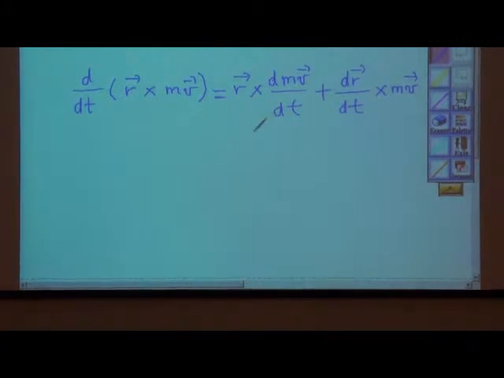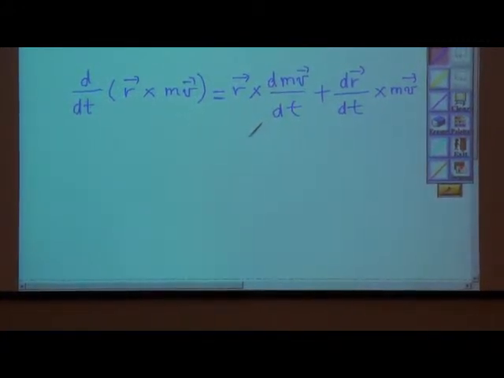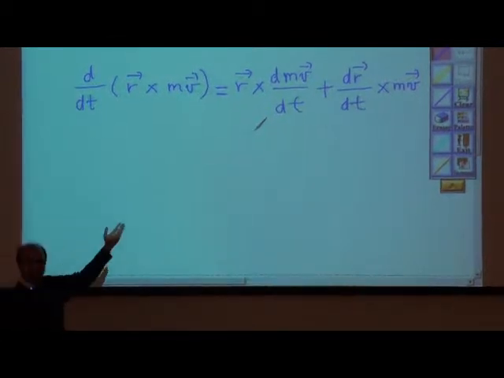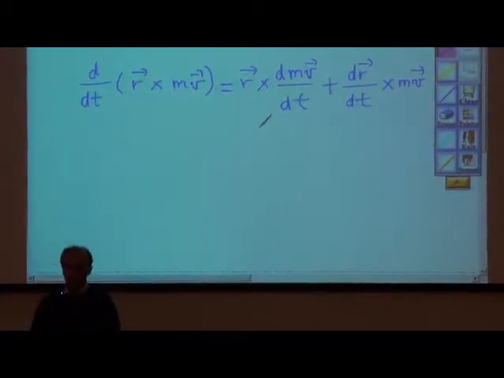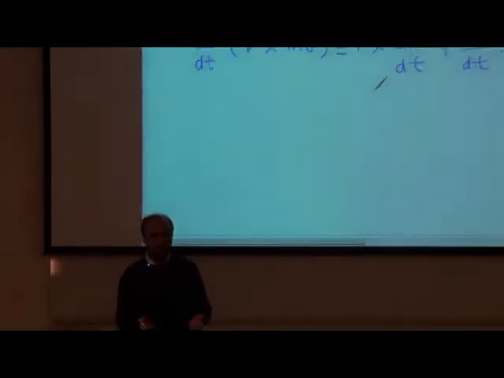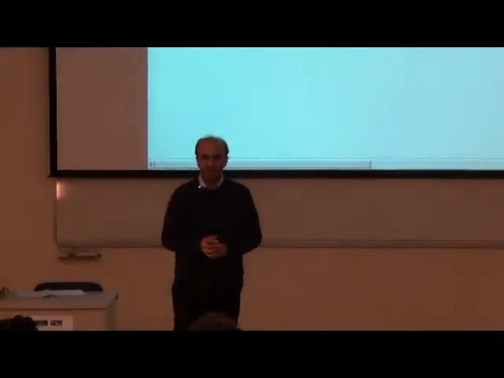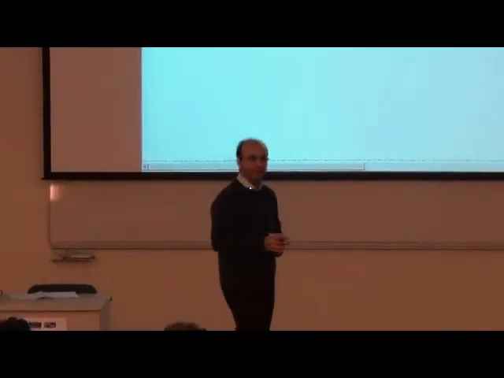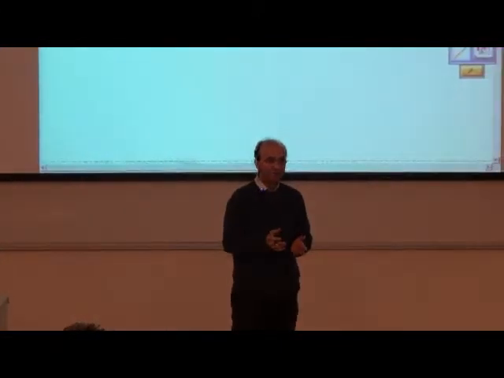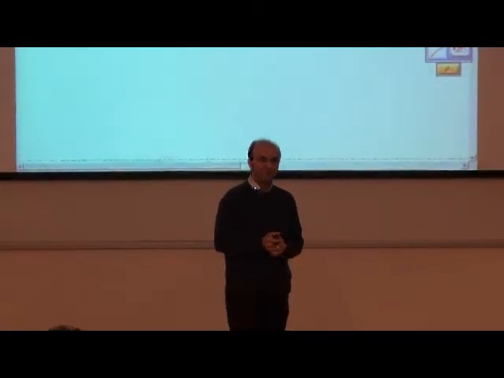So what do we get here? Let's focus on the right-hand side. What we have on the right-hand side, the very first term is what appeared on the right-hand side of R cross F. So we are getting somewhere.